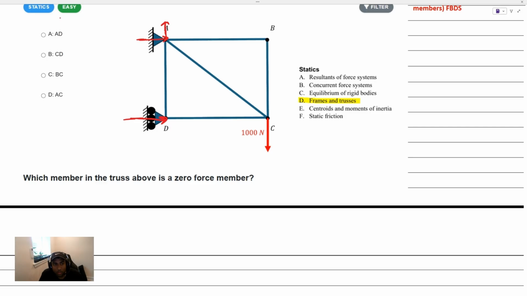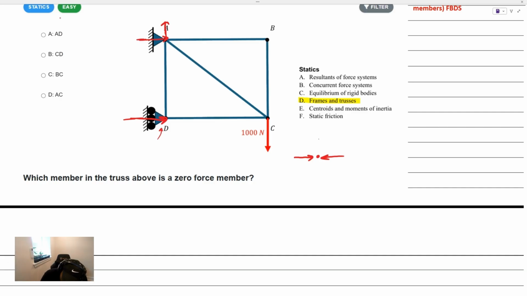we're looking for a force which could possibly be zero. I'm looking at this point D here. And if we draw that joint D, sure, there could be left and right reactions at that joint D, one from the roller support and one from the tension or compression at that joint D. But there could be no vertical reaction, right?